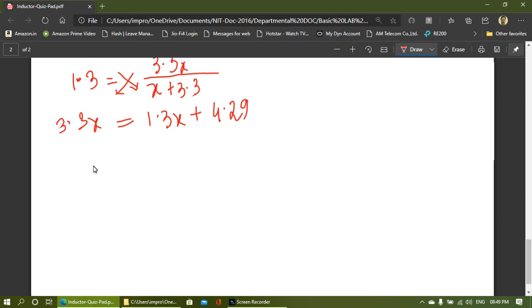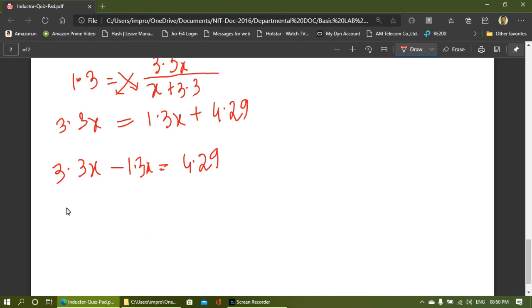Now if we take the x to the left hand side all along, then again we will write 3.3x minus 1.3x is equal to 4.29.